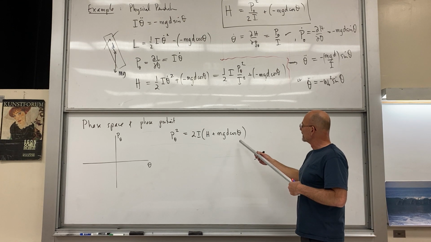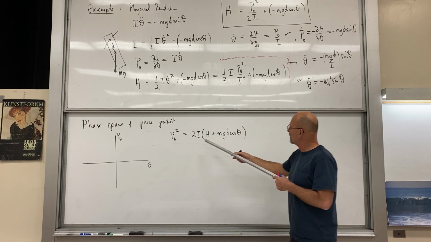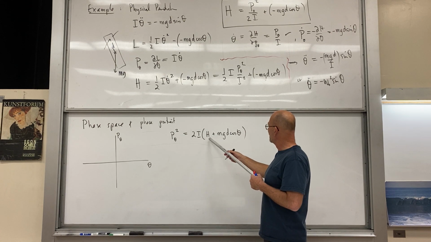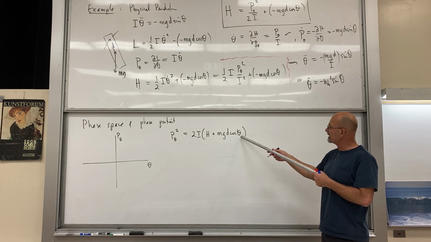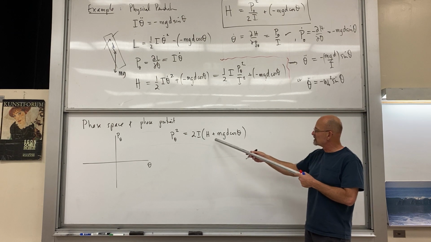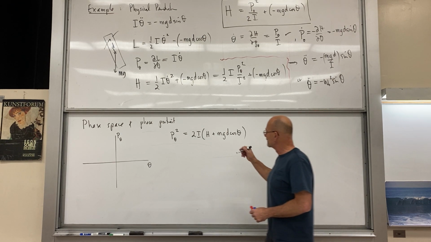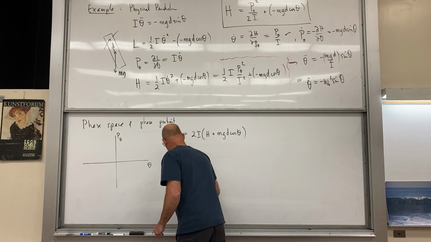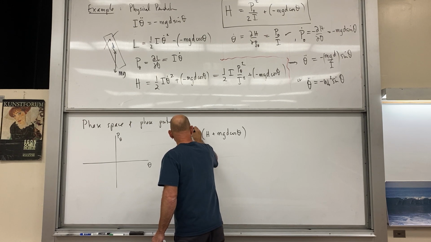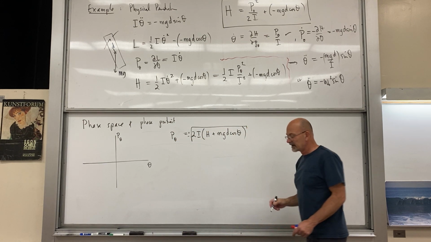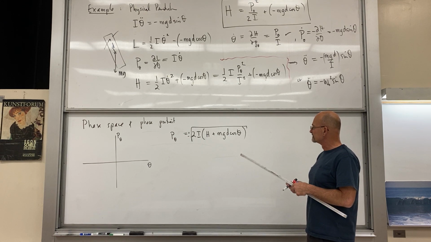So when theta is equal to 0, we have H plus mgd, and when theta is equal to pi, we have H minus mgd. Okay. So let's even go ahead and take the square root. So we got plus or minus the square root of this. And so we could use this to graph out the phase portrait.